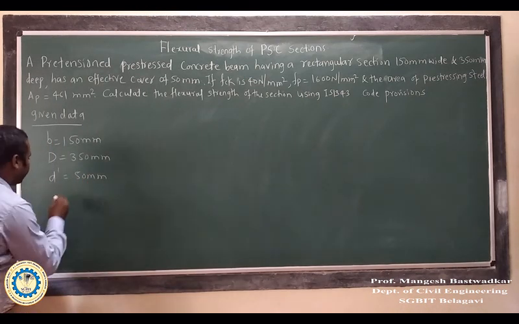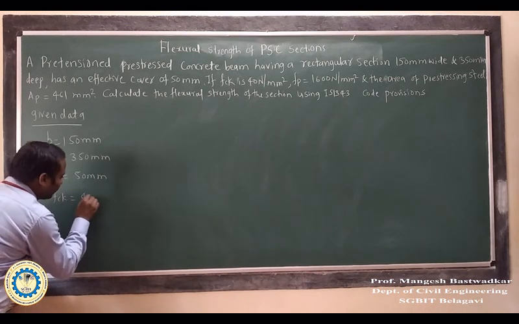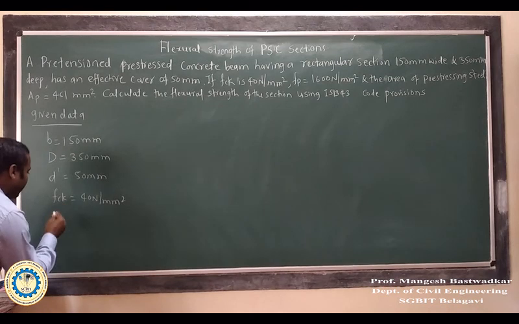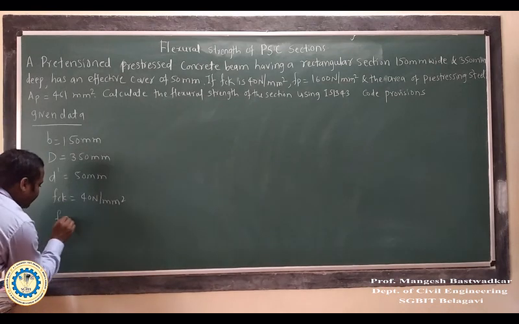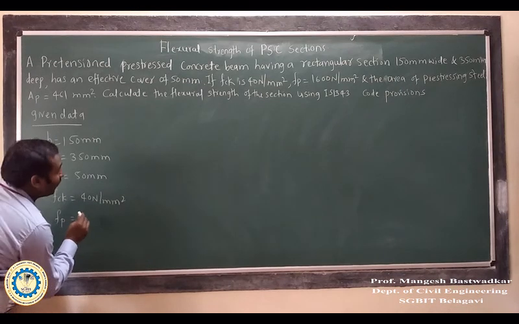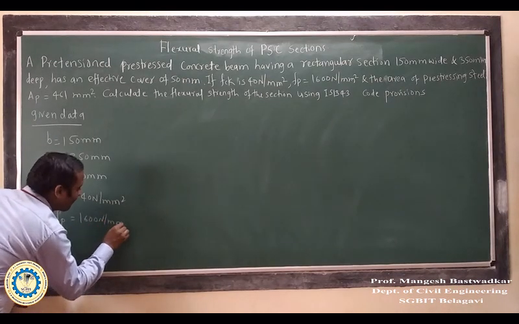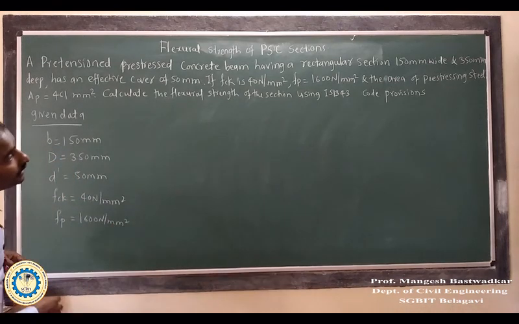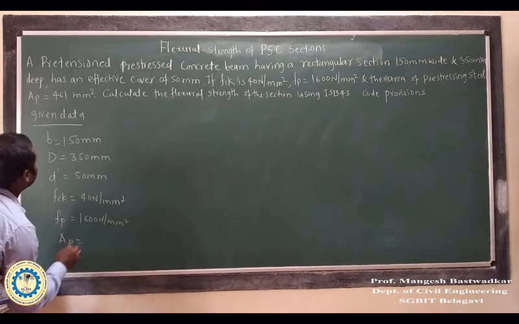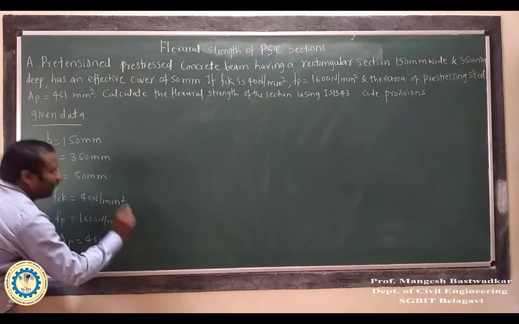Then fck is given, the characteristic strength of concrete, so it is 40 N/mm². Then fp is given, the characteristic strength of steel, that is 1600 N/mm². Then the area of pre-stressing steel is given, Ap equal to 461 mm².